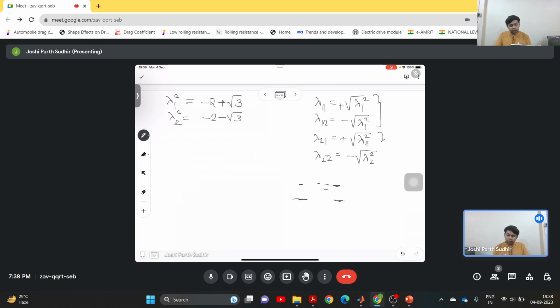So you can see that these are complex conjugate pairs. So you will observe that they are all complex conjugates.